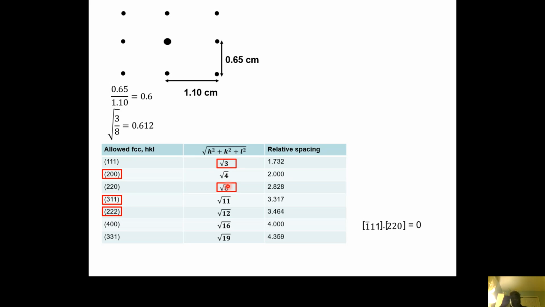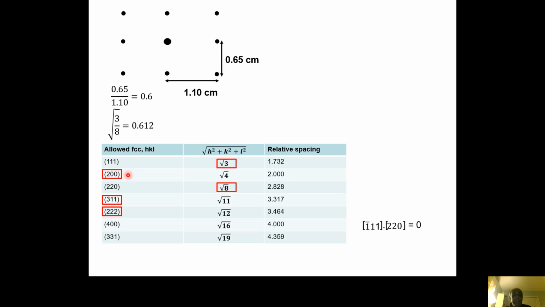So if that is the case, we just use this 1, 1, 1 and 2, 2, 0, right? Then one thing you need to understand is you should find a family of these planes. Because 1, 1, 1, another family member is minus 1, 1, 1, right? Then also you can take minus 1, any of these.